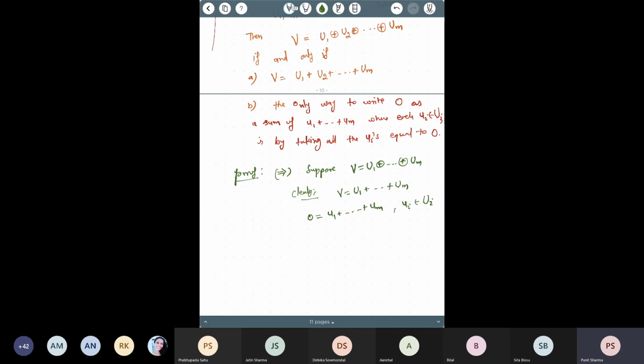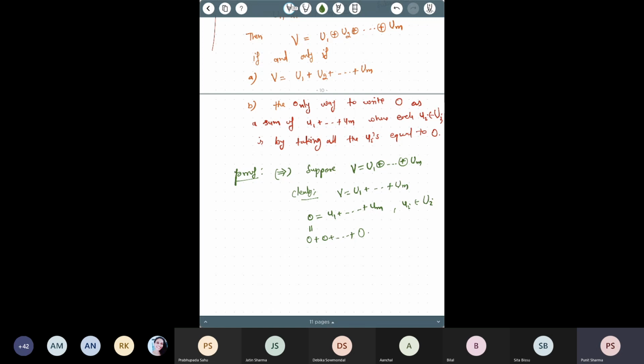And we also know that this 0 can be written as 0 plus 0. So if we show that these ui's are 0, then we are done. Then we can say that the only way to write 0 as a sum of vectors from these subspaces is the trivial way.